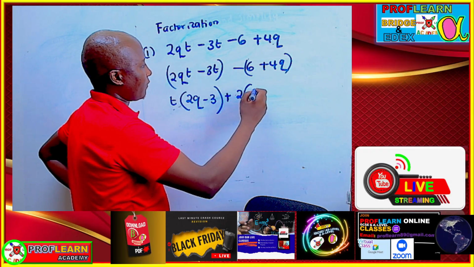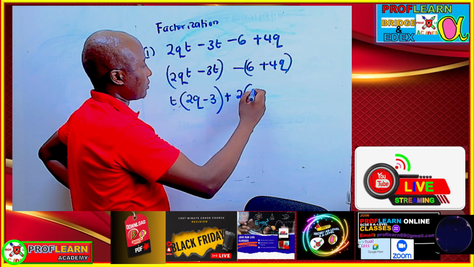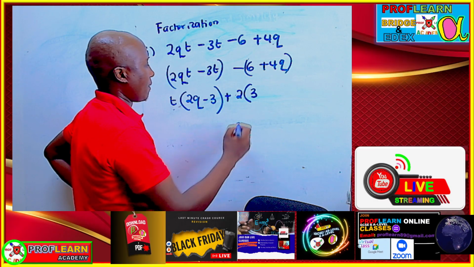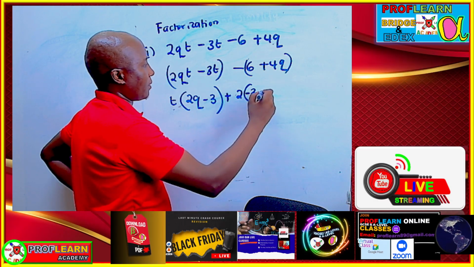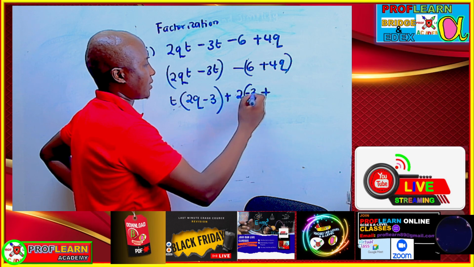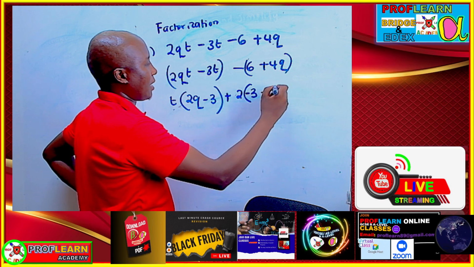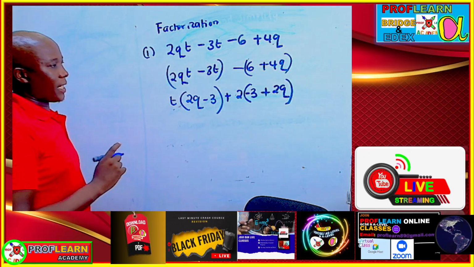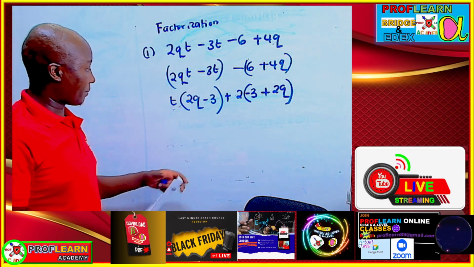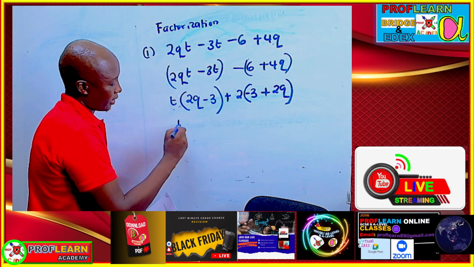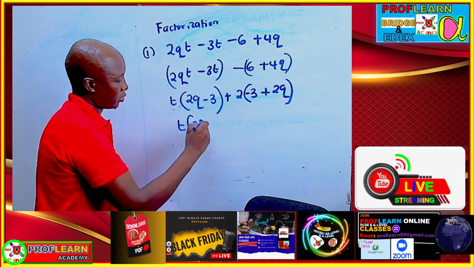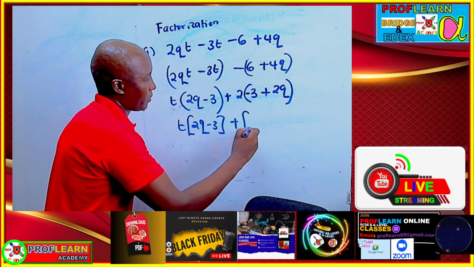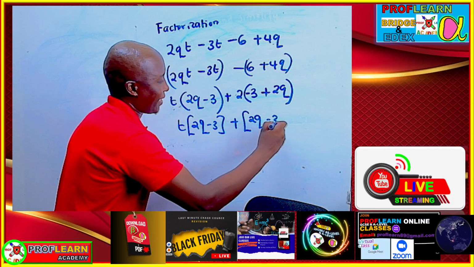We are going to have 2q minus 3. Yeah, so I think now at that point it will be better, because you can see here we are having t into bracket 2q minus 3 plus 2 into bracket 2q minus 3.